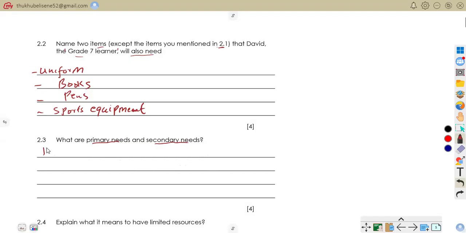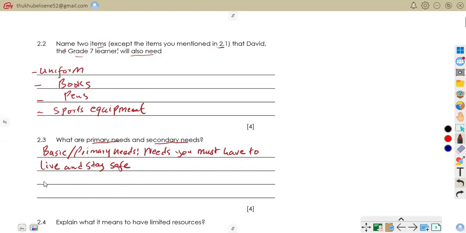So these are needs you must have to live and stay safe. For example, food, water, shelter, and security.